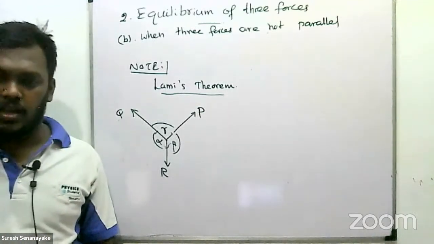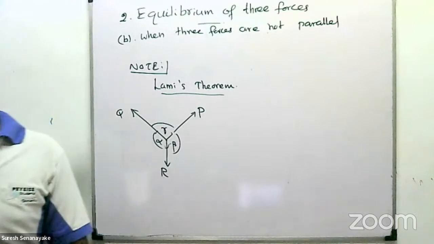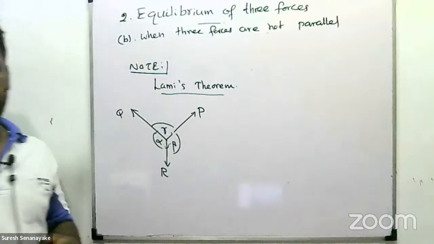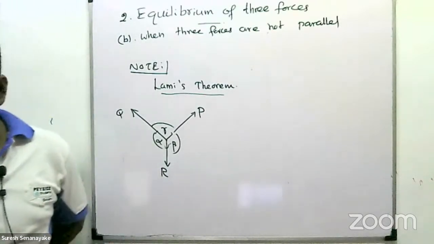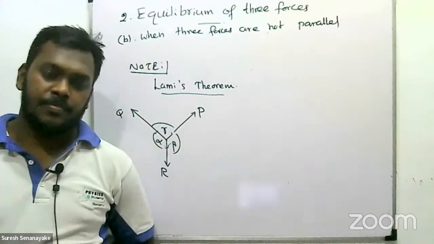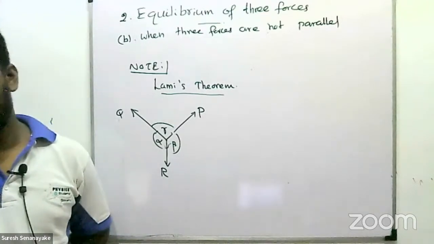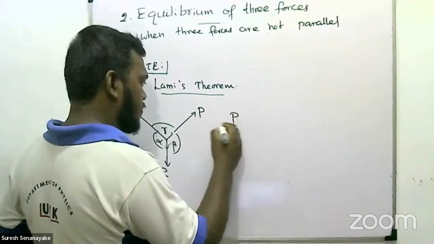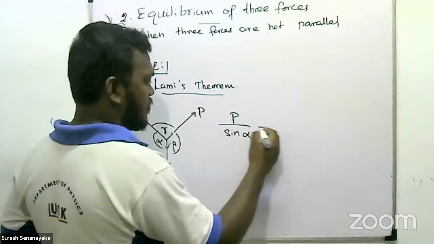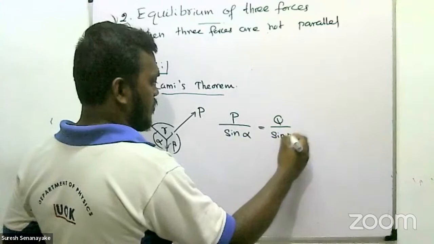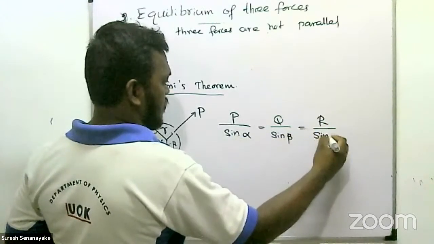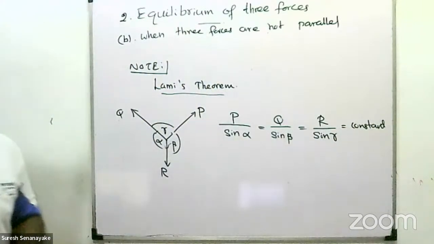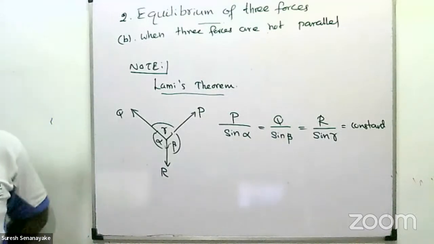If a body is in equilibrium under three coplanar concurrent forces, then each force is proportional to the sine of the angle between the remaining two forces.